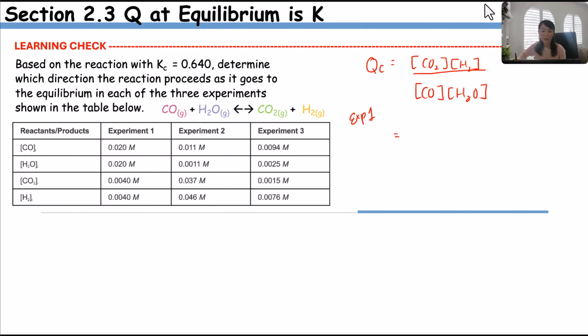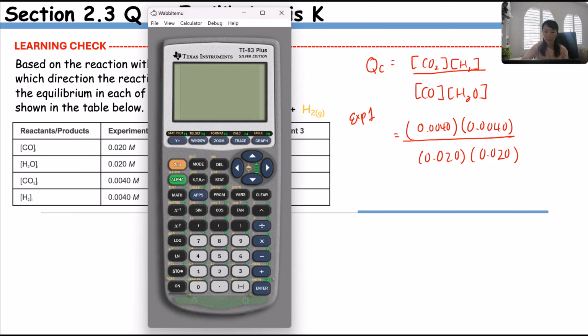For experiment 1, we're going to plug in all of the values. We have 0.0040 and another 0.0040, all over 0.020 and 0.020. I'm putting these parentheses just to help me segment them separately.